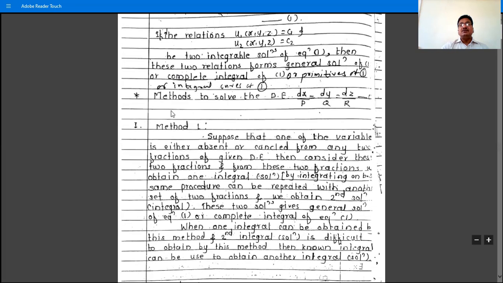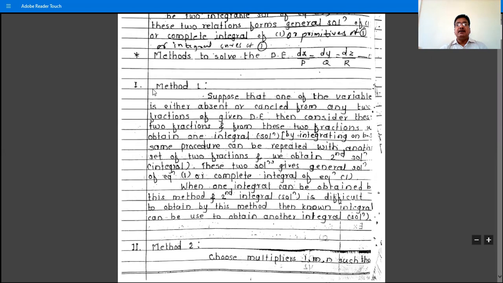Okay, so now the methods to solve equations of the type dx by P, dy by Q, dz by R. We have to find the general solution of this differential equation, and there are some methods to solve these types of equations. The first method is this. Suppose that one of the variables is either absent or cancelled from any two fractions of the differential equation.